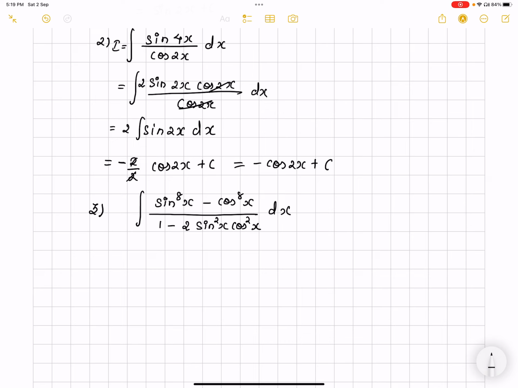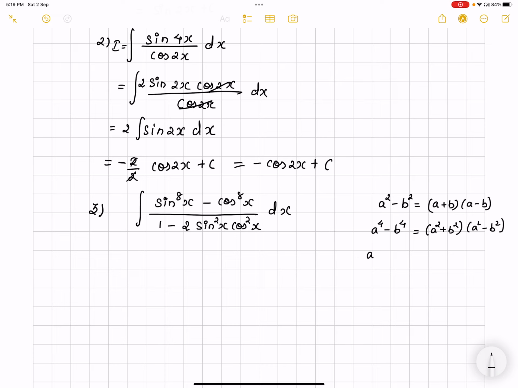Okay. What has to be done here? Very simple. We know a square minus b square as a plus b into a minus b. Now, instead of a square, if I have a power 4 minus b power 4, I would be writing it as a square plus b square into a square minus b square.